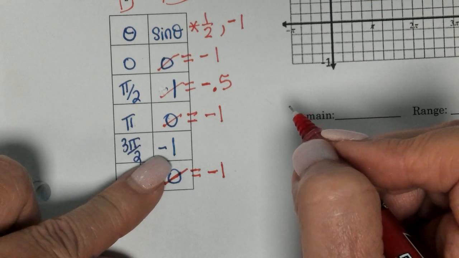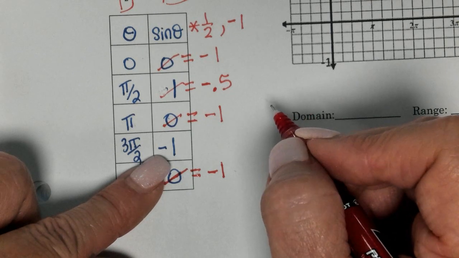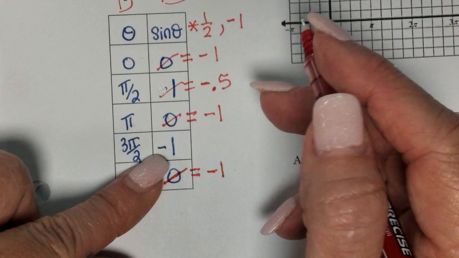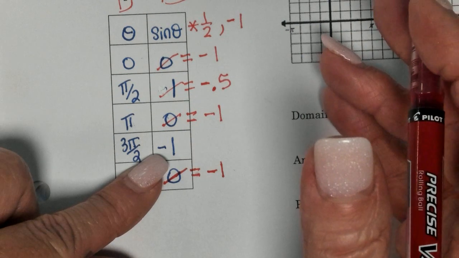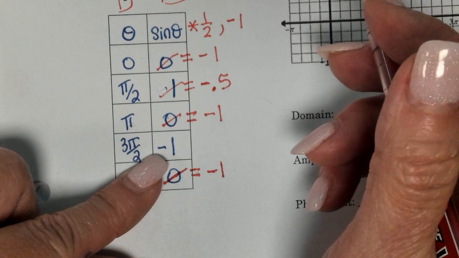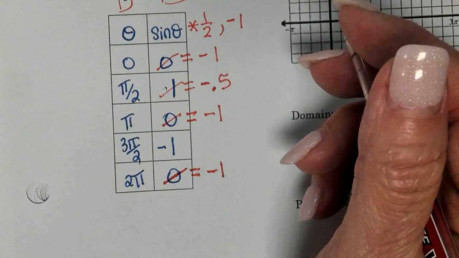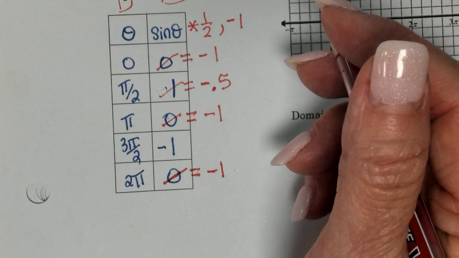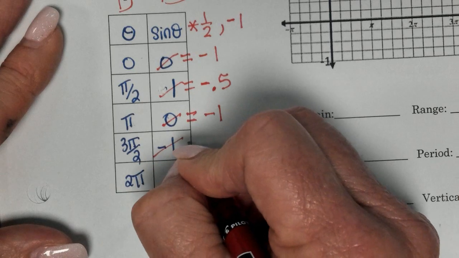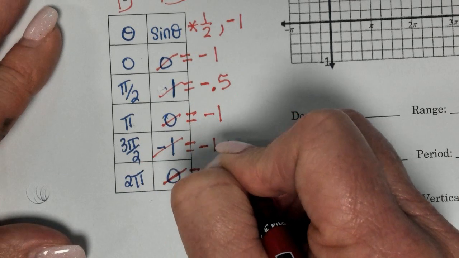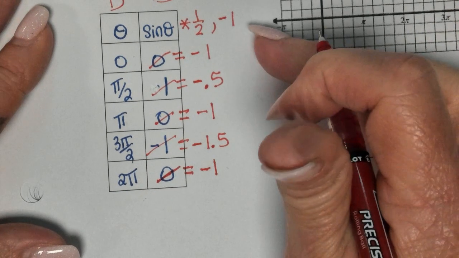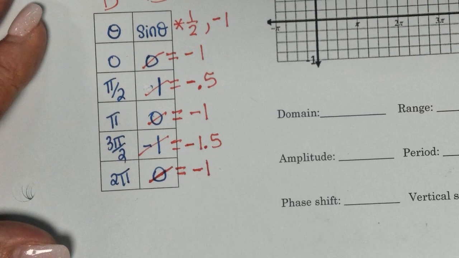But now we've got -1 times 1/2, which would put us at -1/2. And if I subtract 1 from -1/2, I'm going to be down to -1.5. These are going to be our new points that we're going to plot.